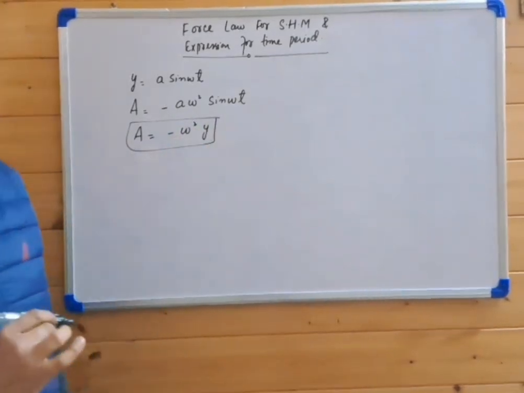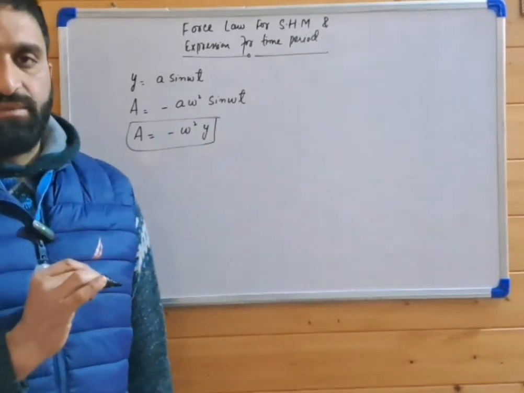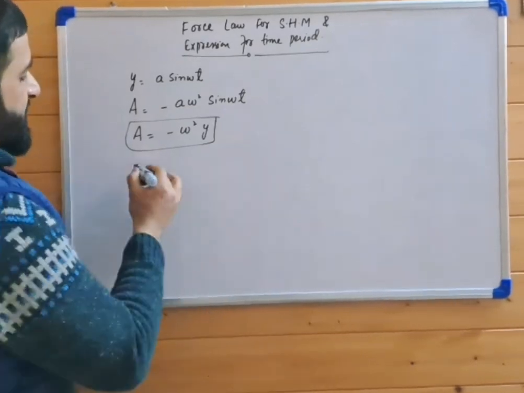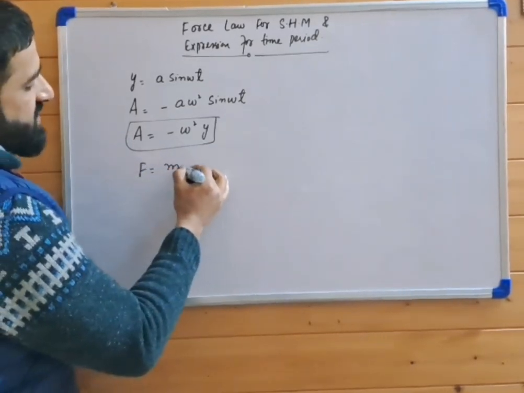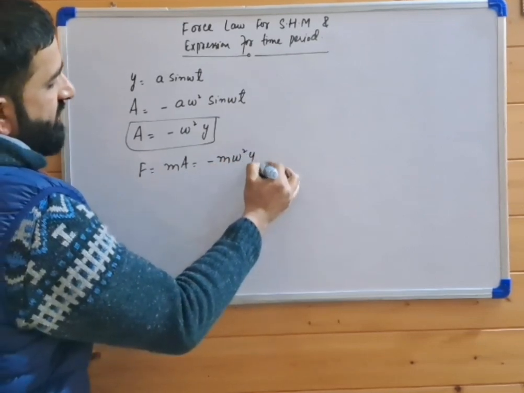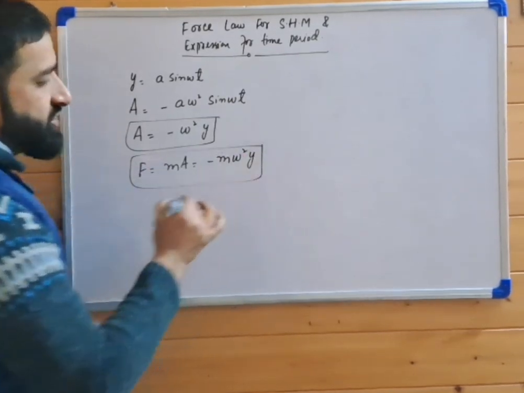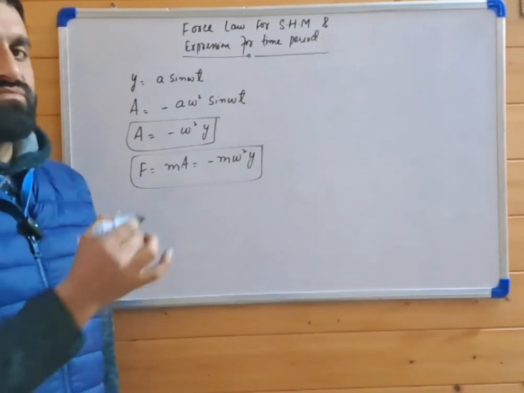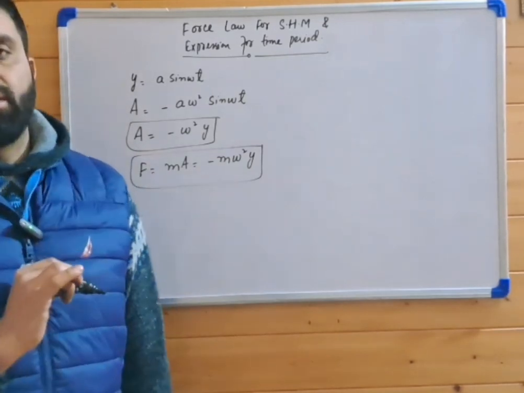So a is the acceleration that is always directed towards the mean position. So the restoring force F is equal to mass into acceleration, and that is equal to minus m omega square y. Under the action of the restoring force, the body is brought back to its mean position.